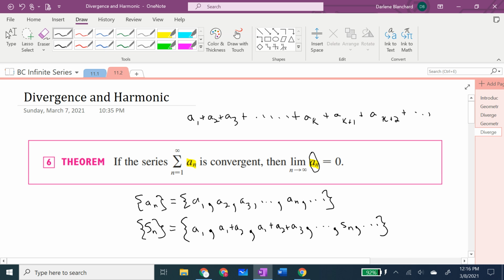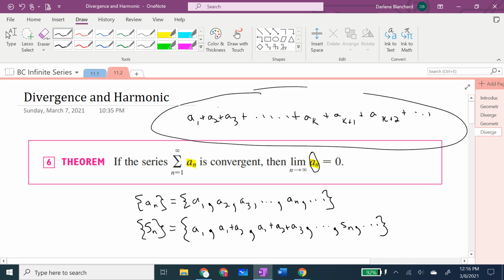How on earth am I going to be able to have the sum approach a real number if the terms that I continue to add forever are not near 0? How can I possibly get an infinite sum that is a real number if I don't eventually wind up adding a very, very small number?